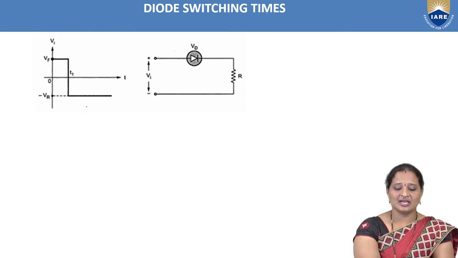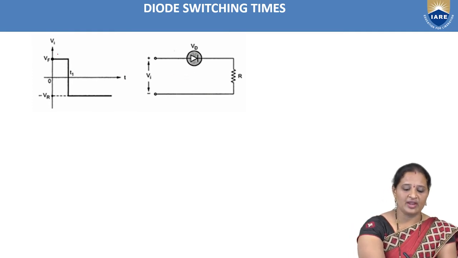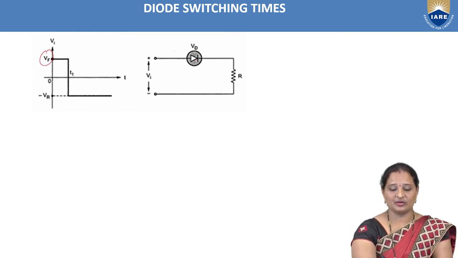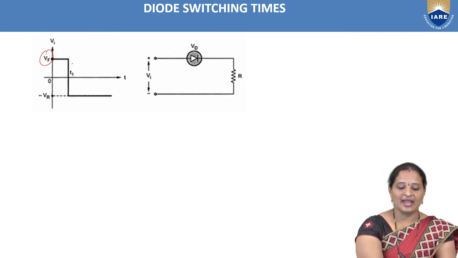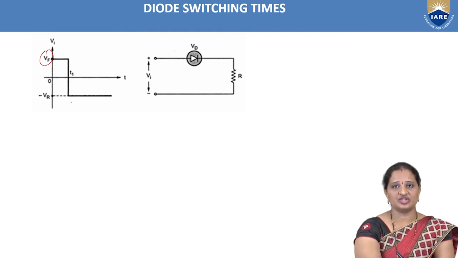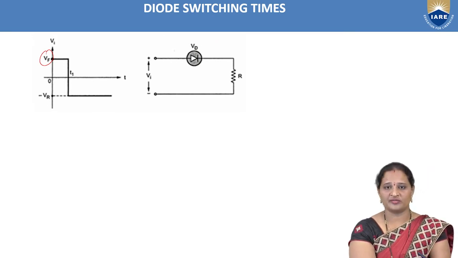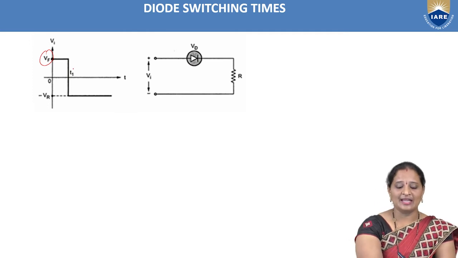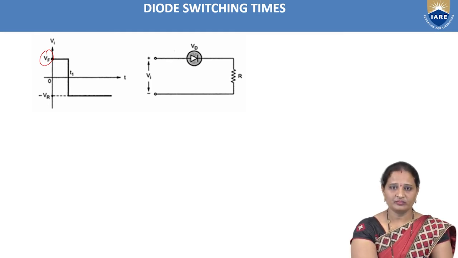So in that case, if this kind of input is given to the diode, during a positive voltage applied to the anode the diode should be on, and at time t equals t1, as the voltage is suddenly changing to minus VR, which makes the diode D2 reverse biased, and hence it should become off. So at time t1, the diode has to change its state from on to off.